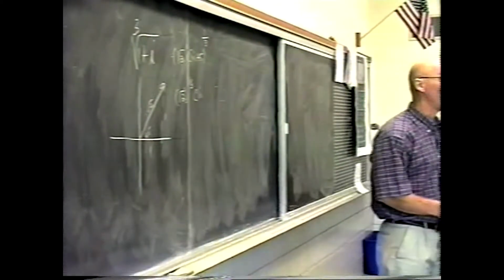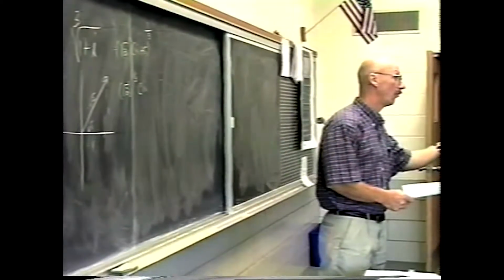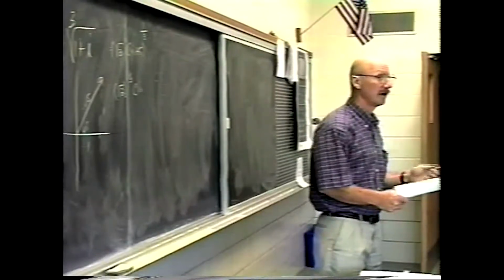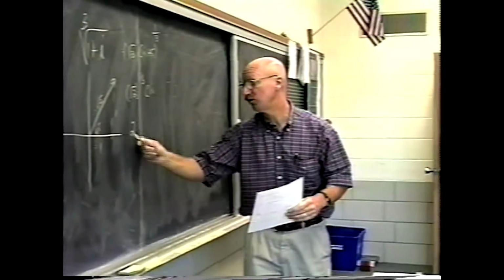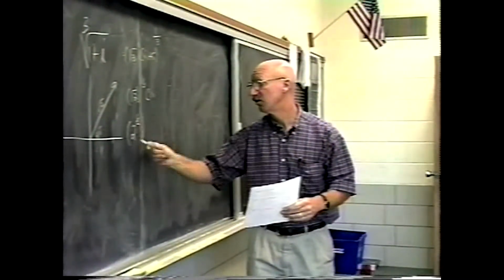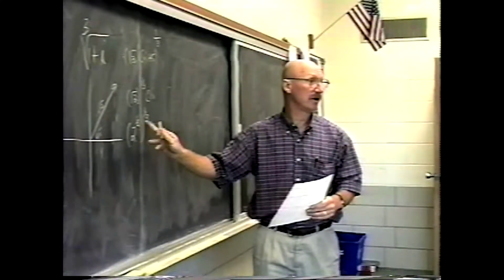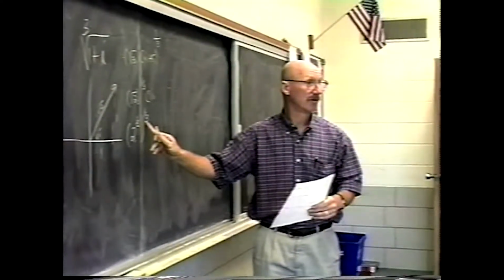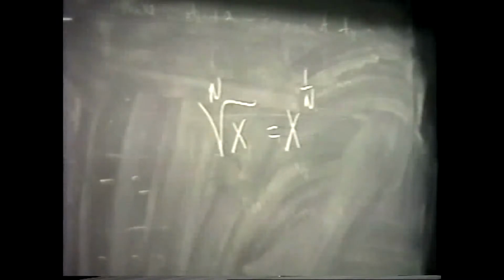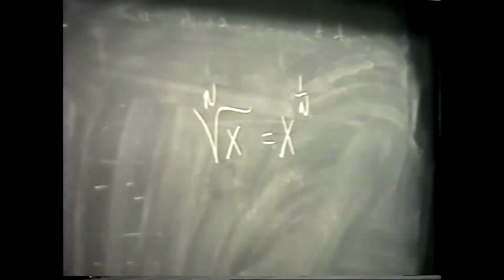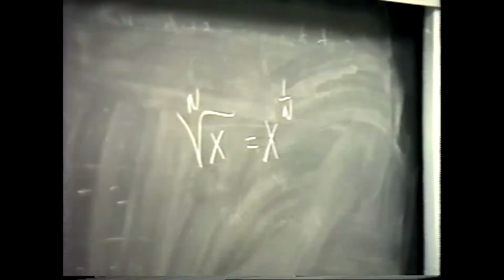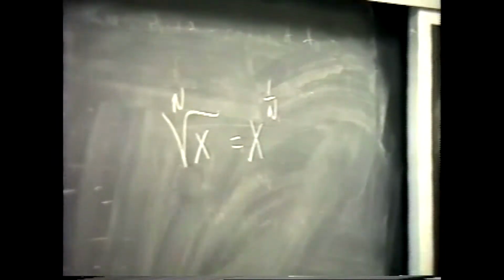Radical 2 we changed to what? 2 to the 1/2. So you got 2 to the 1/2 to the 1/3, and then what do you do with exponents? Multiply them. For instance, the square root of 2 is 2 to the 1/2. Cube root of 2 is 2 to the 1/3. Okay. Any others on this front side?